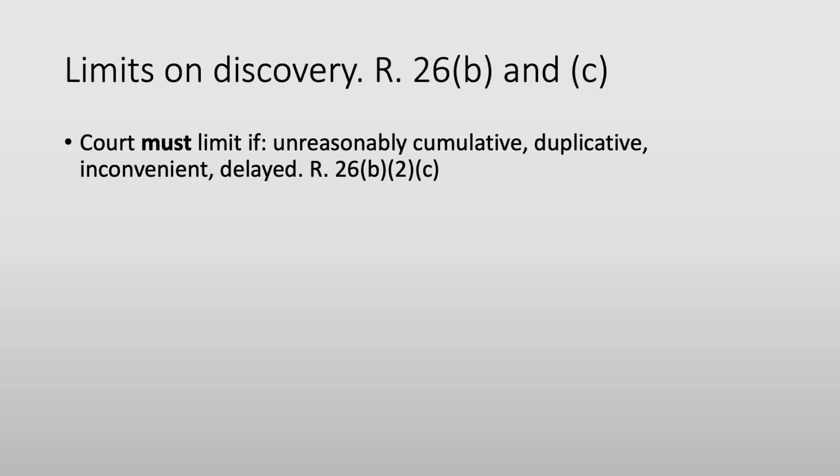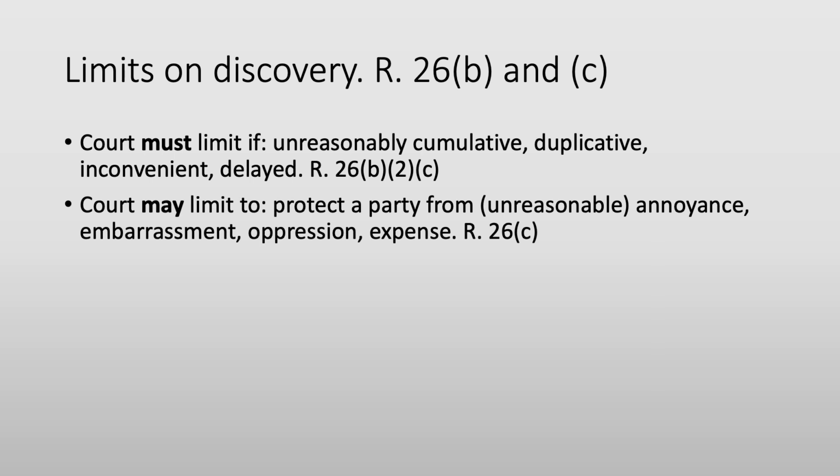So the idea here is to prevent discovery from becoming a tool of oppression within the lawsuit. The court also has the discretion to limit to protect a party from unreasonable annoyance, embarrassment, oppression, or unreasonable expenses.